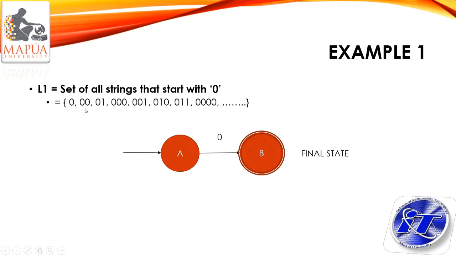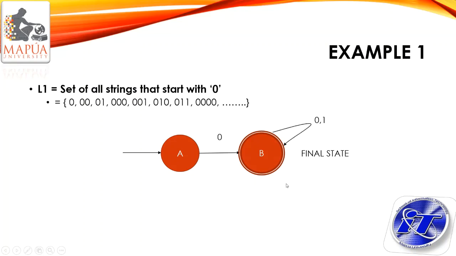Why? Because if we only have 0 as a string, it's already been accepted. So that's why A encountering 0 will just go to the final state, B. And after the first symbol, anything after 0 will just loop within B.